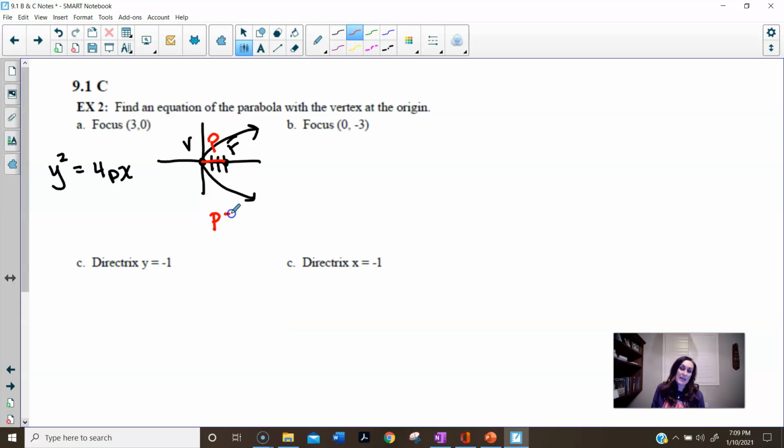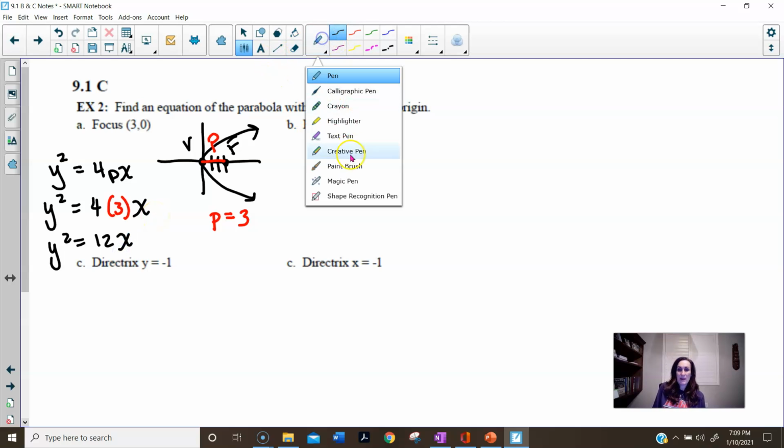So therefore, p is +3. Plug p in, and you have the equation of the parabola. So y² equals 4, and then you have p, which is 3, and then you have x. So y² equals 12x. And there's your equation of the parabola.